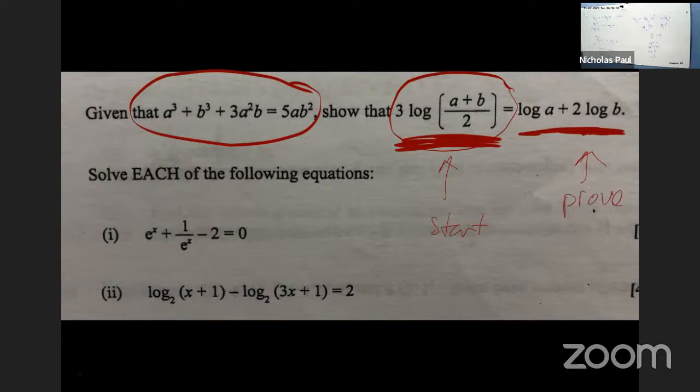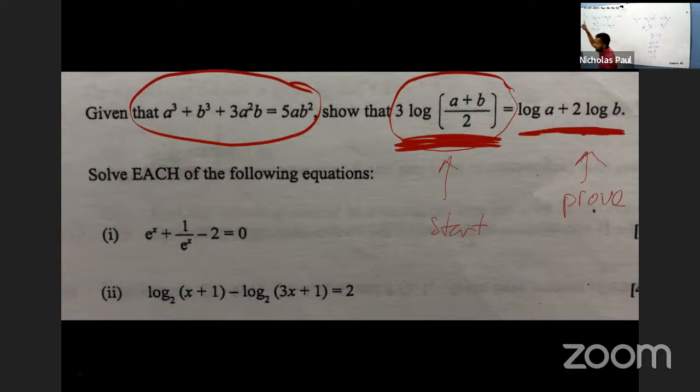Right, so you have 5 minutes. Let's see if you get it. If you get it, you put QED, right? Okay, so you're starting right there.